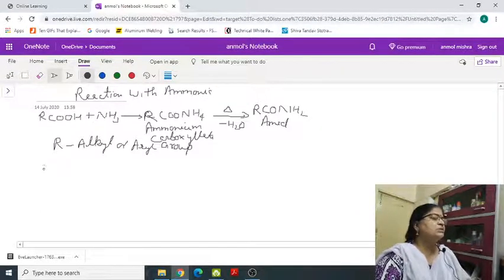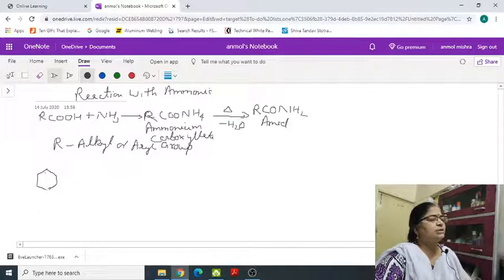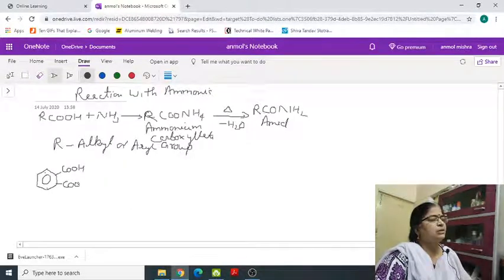Now next is, if two carboxylic acid groups are present on the benzene ring, it is called phthalic acid.